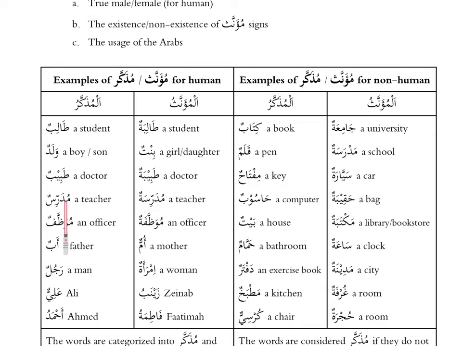Next word, mudarris. Mudarris, a teacher. This is a male teacher, then you say muzakkar. Mudarrisa is also a teacher, but with this ta, so this is now a female teacher. So we say mudarrisa, a female teacher, then it is mu'annath.